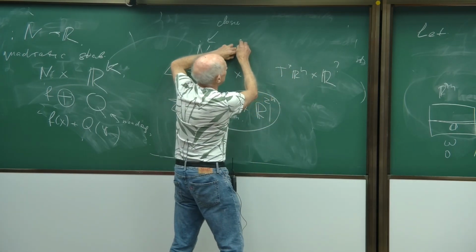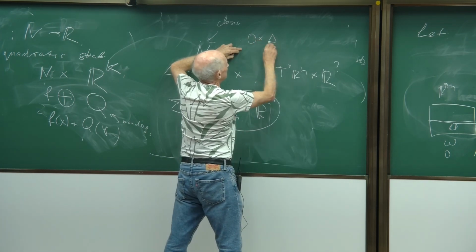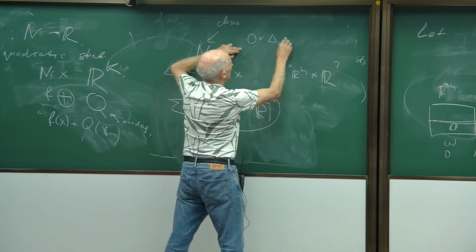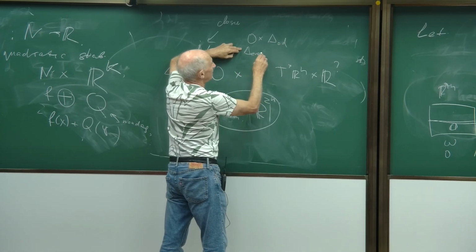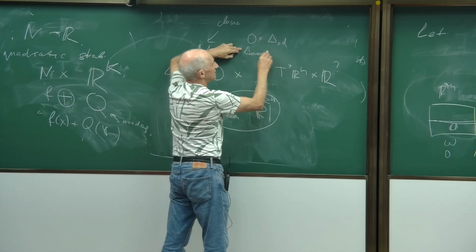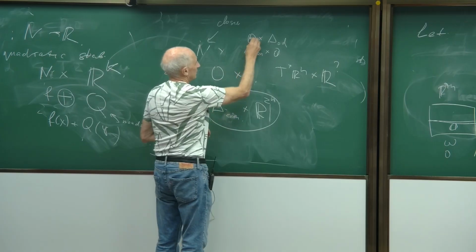We have this Lagrangian 0 times delta odd and delta even times 0. The T star Rn, right? Instead of Rn, the first copy. Exactly, T star Rn cross R to the power something.